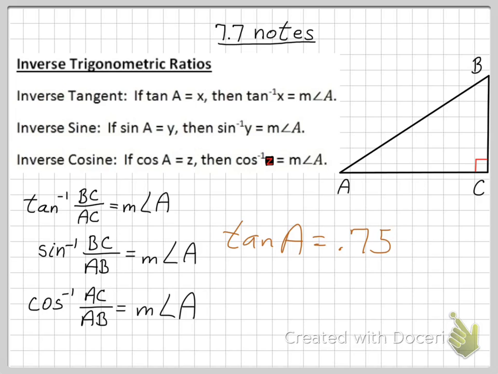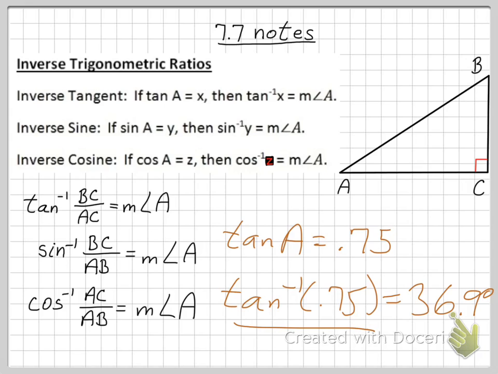Then the inverse tangent of 0.75 is going to be equal to the measure of angle A, which, if you look on your calculator, is 36.9 degrees. And that would be your answer. Oops, I forgot to put the negative 1 there. It's called the inverse tangent.